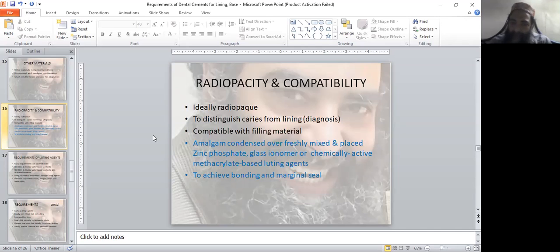They must be compatible with filling material, as a new technique for achieving bonding and marginal seal of amalgam. So new techniques and new approaches, that amalgam should be condensed or freshly mixed and placed with either zinc oxide phosphate cement, glass ionomer cement, or chemically active methacrylate based luting agent.